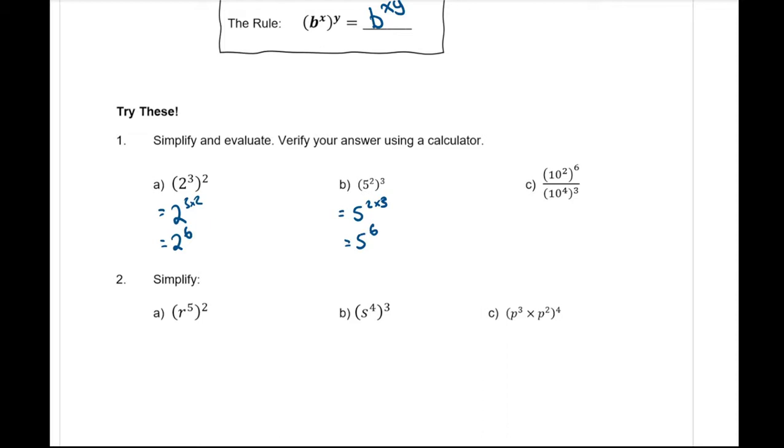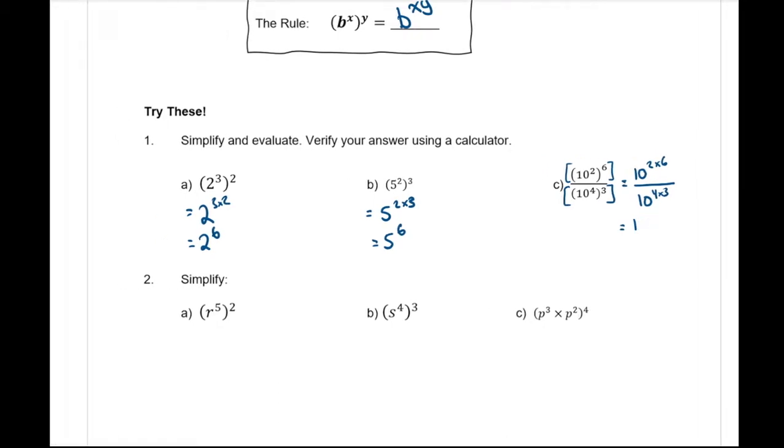For c, here I have power of a power as well as division. So I again need to simplify the top and the bottom first before I divide. So here I'll have 10 to the power of 2 times 6 because of the power of a power, divided by 10 to the power of 4 times 3, again power of a power, 10 to the power of 12, divided by 10 to the power of 12.